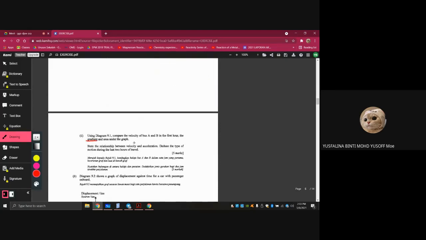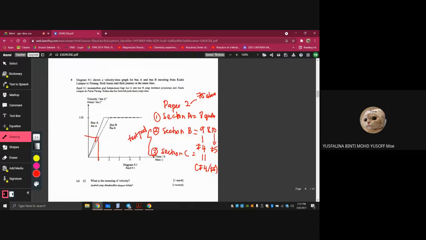What else? Compare the area under the graph. Which one is higher, the area under the graph, A or B?